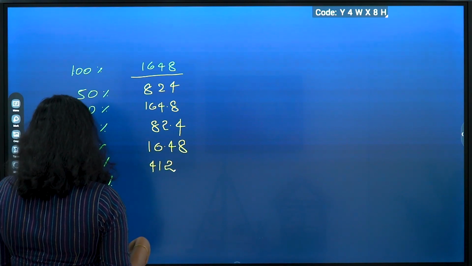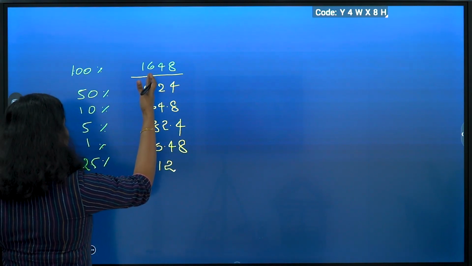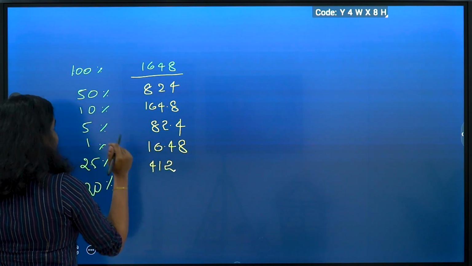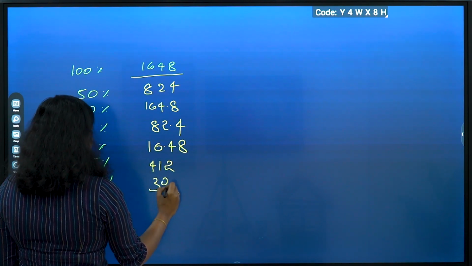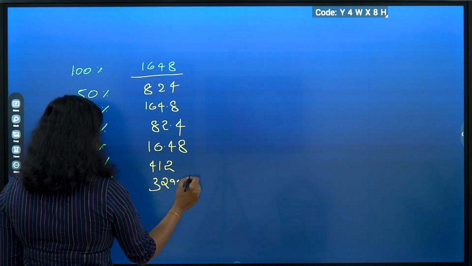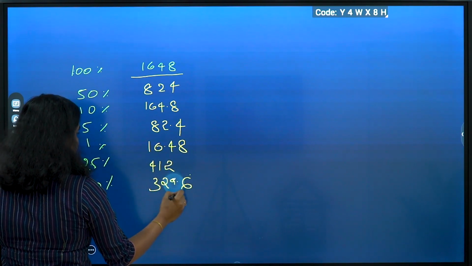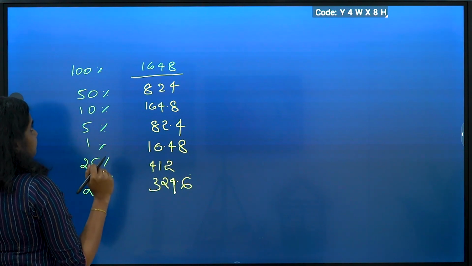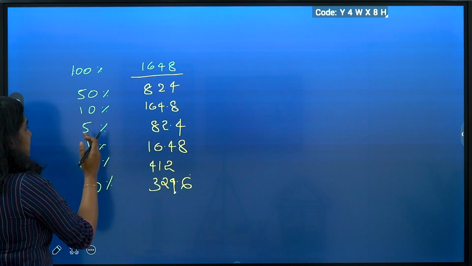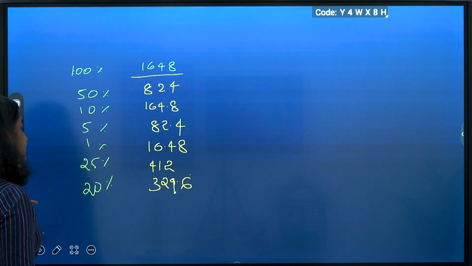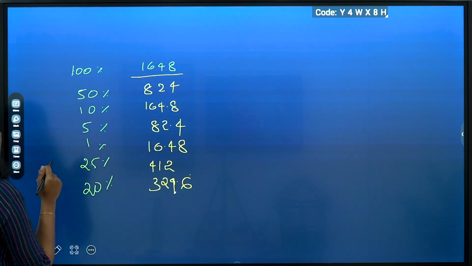Now 20% means 1648 by 5, right? 1648 by 5 means 329.6, right? 329.6. So this is the 50%, 10%, 5%, 1%, 25% and 20% of 1648.